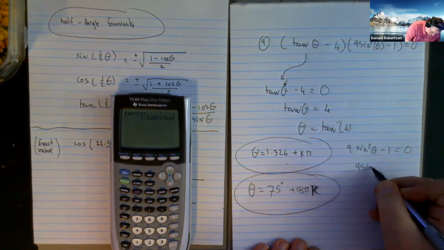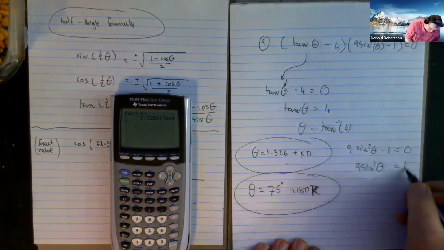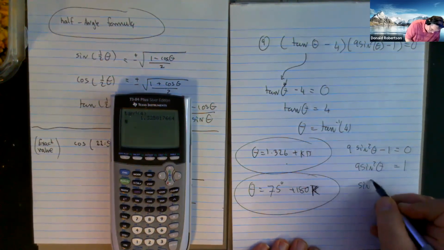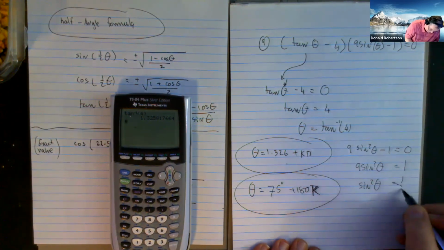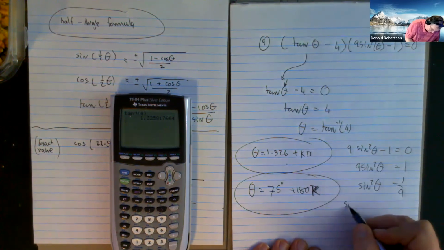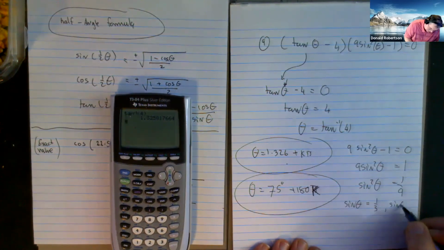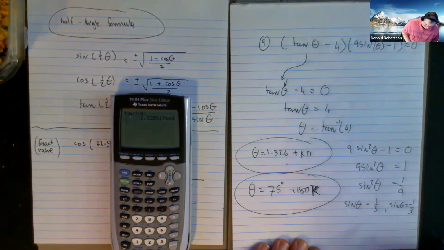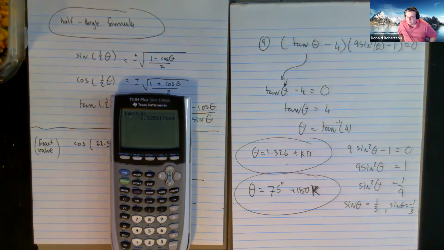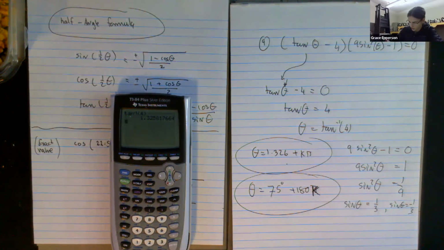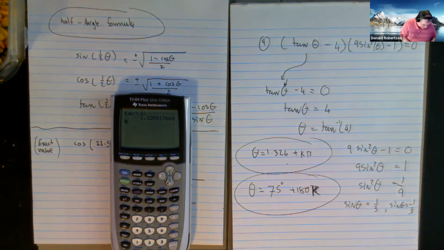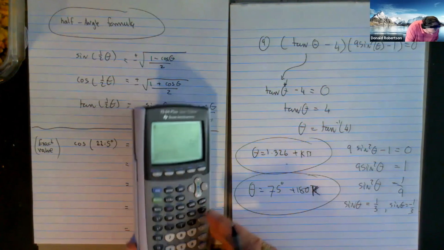Then 9 sine squared theta has to be 1. So sine squared theta has to be 1/9. If you take the square root of both sides, sine theta is 1/3. And sine theta could also be -1/3. Okay. Right. Now, again, I'm staying on radians.